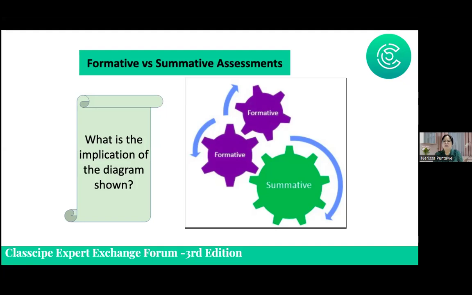Let's wait for the answers from the participants. Please feel free to share your insights about this diagram.